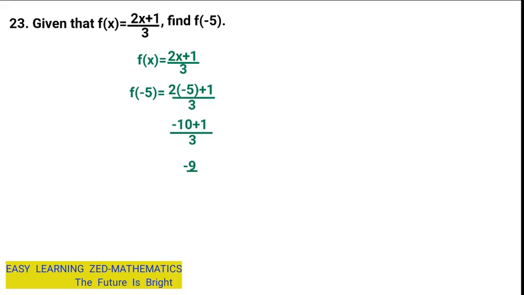Then negative 9 divided by 3 gives me negative 3. So when I evaluate that, I get negative 3 when x has the value of negative 5.